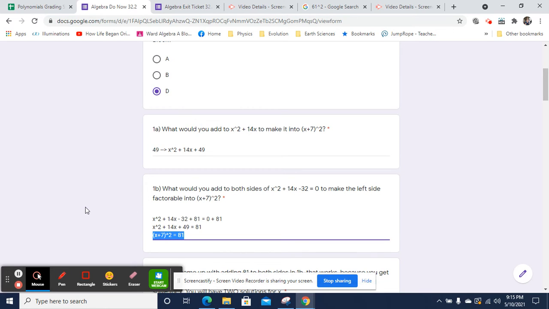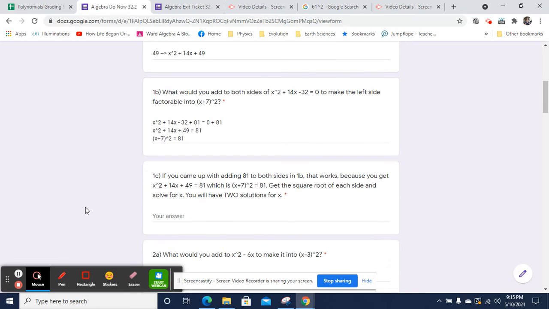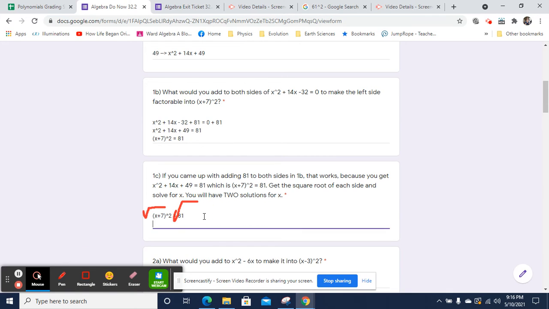And that can be simplified. We can find out what x is, and in fact, that's what you'll do in number 1C. So we're going to get the square root of both sides. The square root of x plus 7 squared is just x plus 7, and the square root of 81 is 9 or negative 9. We need to solve for x either way.